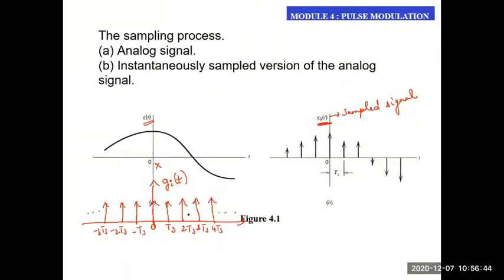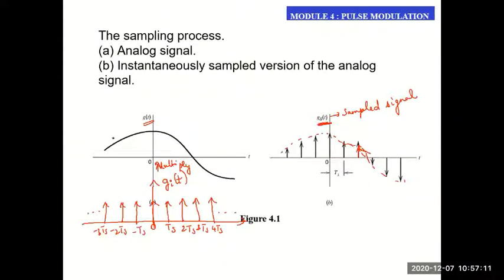Now you just multiply this impulse train with the given signal. The result is impulses which vary in the shape of the given message.